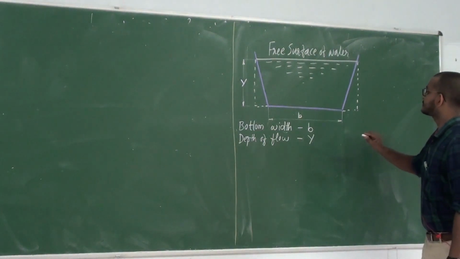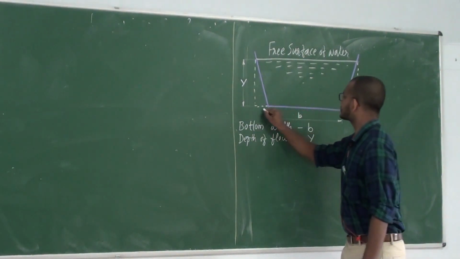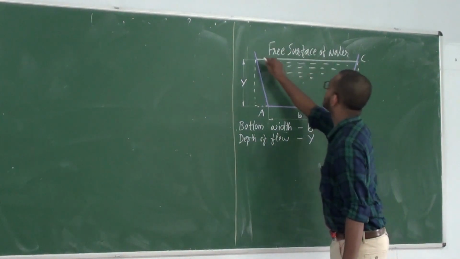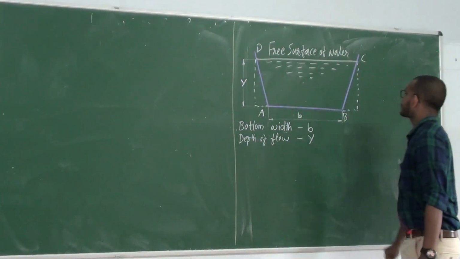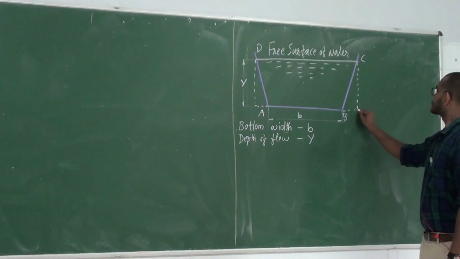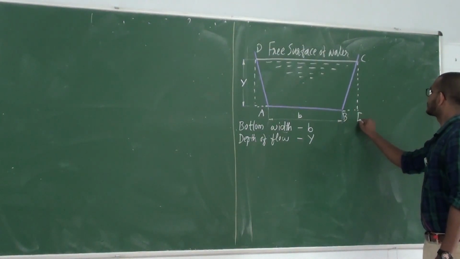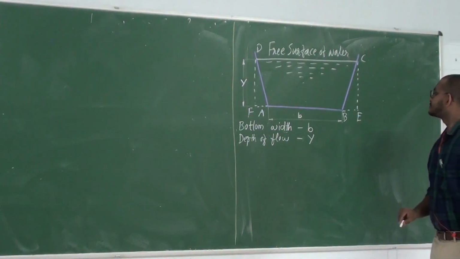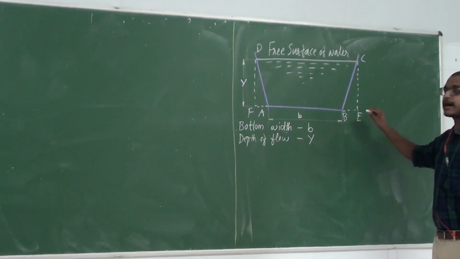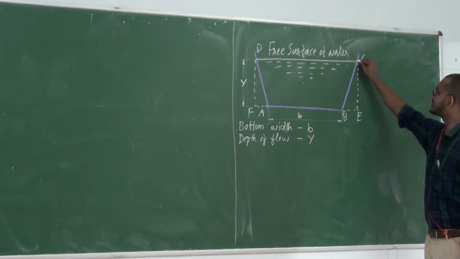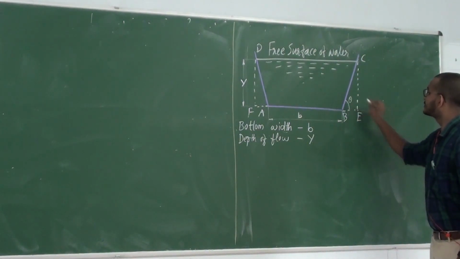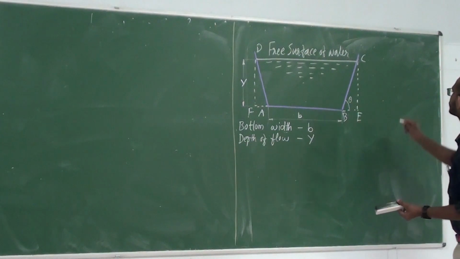So, here let us name this channel A, B, C, D, and this one is C and F. The angle of the sloping side BC is theta. So, let us redraw this BC.